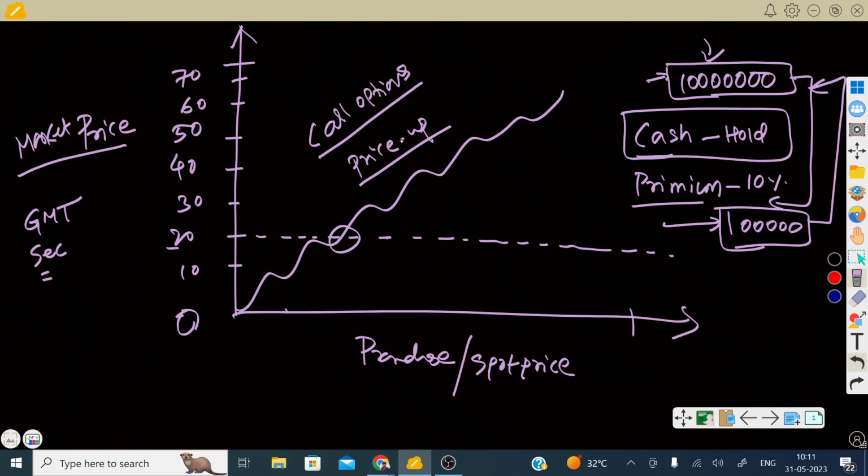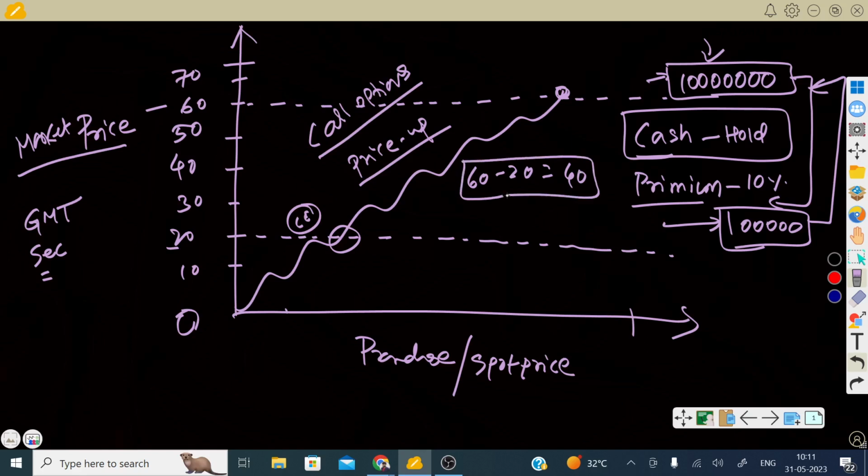Yes. And let's say you have purchased the call option here, and the price goes around here, let's assume. You see the profit on your option: your gain would be around 60 minus 20, 40 per unit.